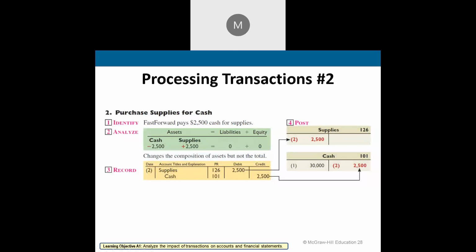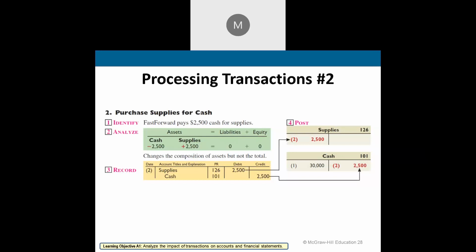Here's the example of the second transaction. We bought supplies for $2,500. Supplies, as you know, is also an asset account because we use supplies to help us generate revenue, right? It's a current asset. So we've identified what we did.